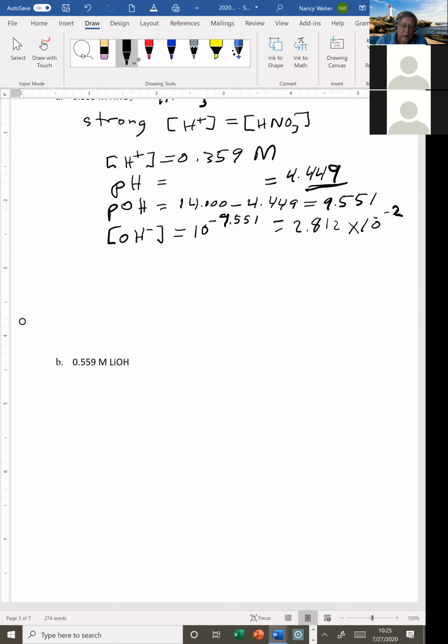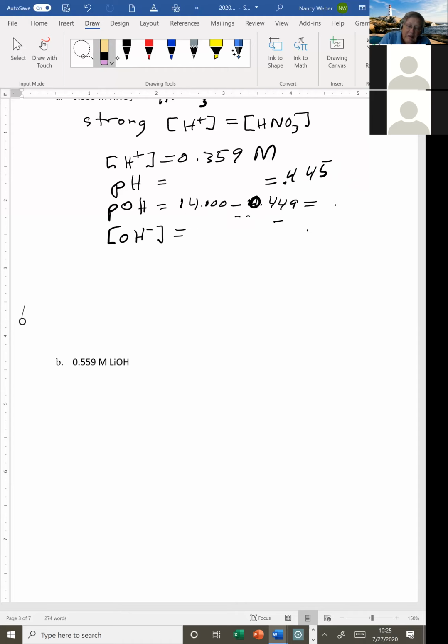Yes, it'd be 0.44. Same number, but. And so then you would make this 5. So this is going to be changed, isn't it? See how easy it is to make mistakes?